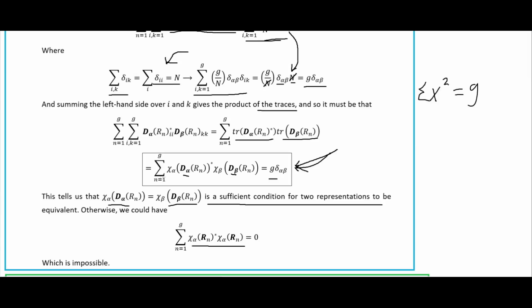And so what we had up here in blue was just this, where because the chi alpha and chi beta have to be the same, this is essentially just taking the characters squared and adding them up, and we end up getting the order of the group. So when we add those up, it will be equal to the order of the group.